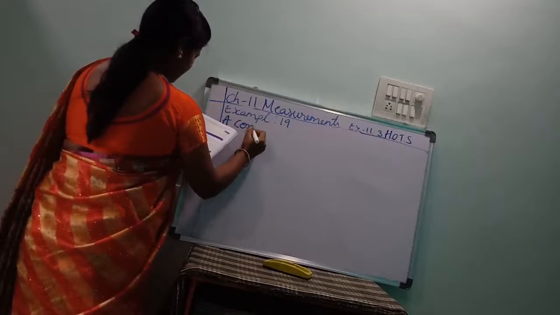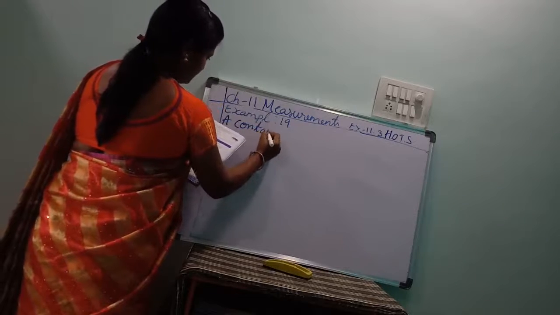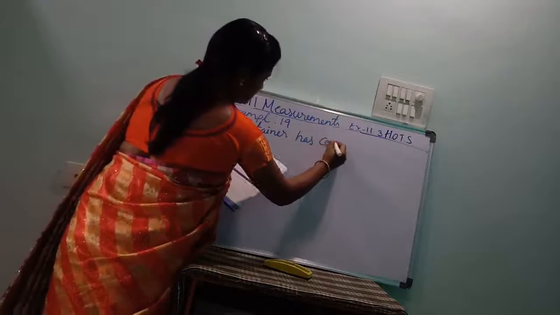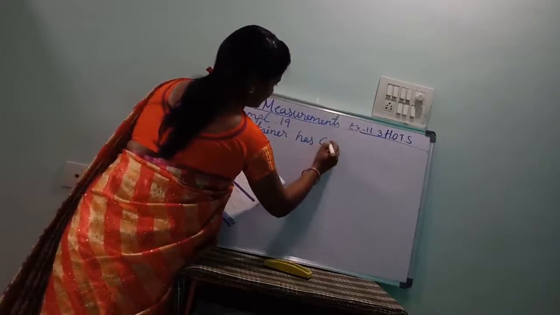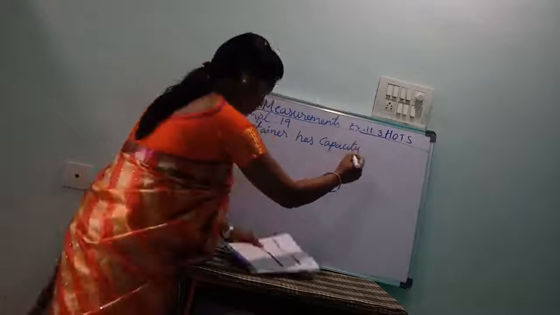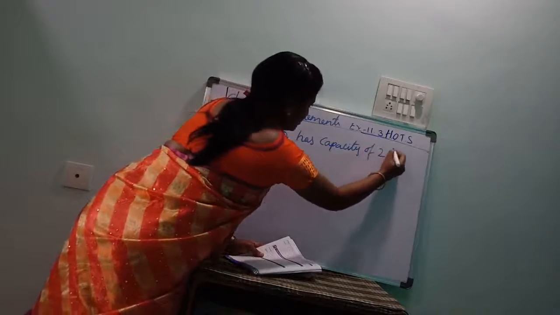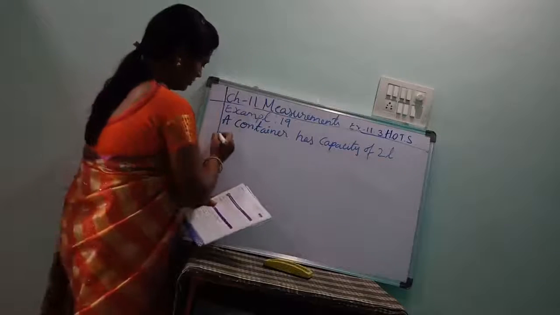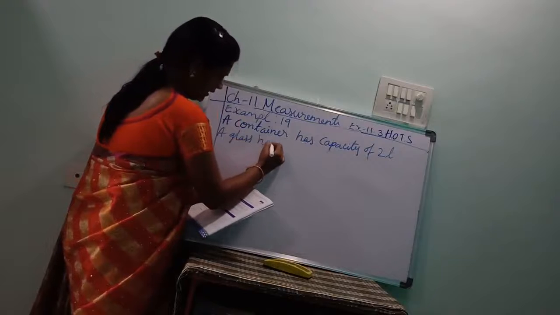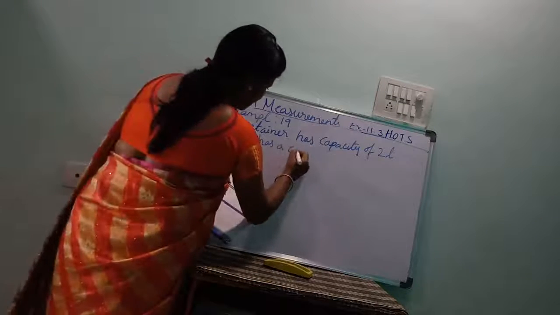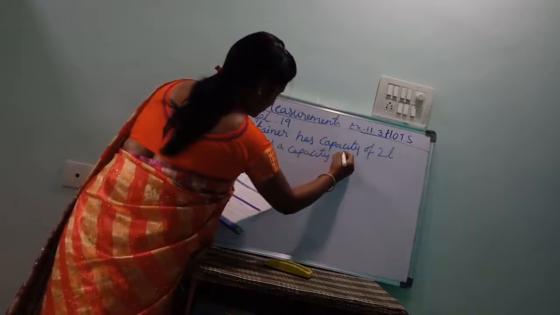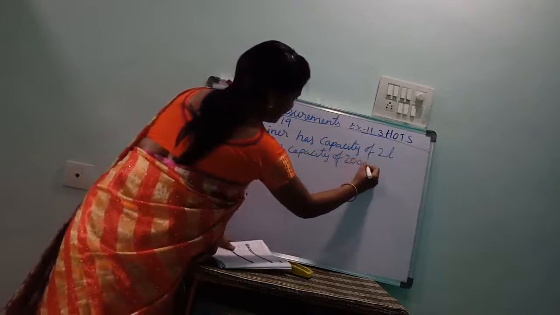A container has a capacity of 2 liters. A glass has a capacity of 200 ml.